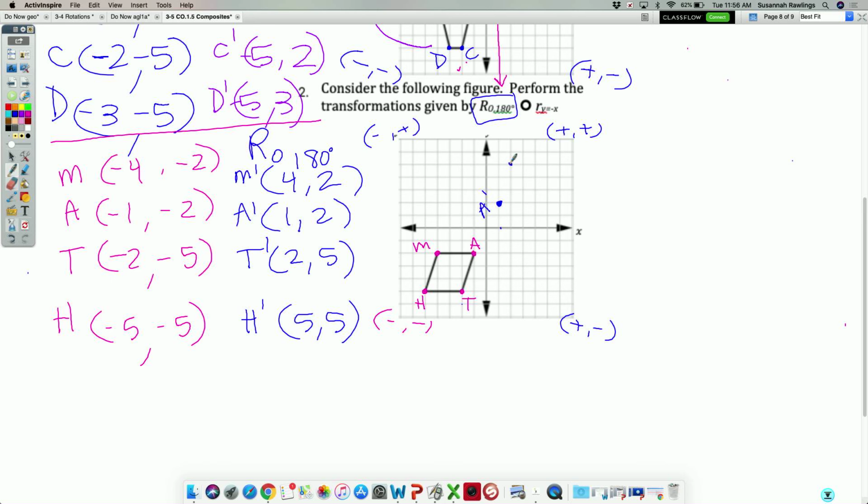Which I do sometimes also. Right 4, up 2. And 1, 2, 3, 4, 5. Anyone know what this shape is? A rhombus. Very good.